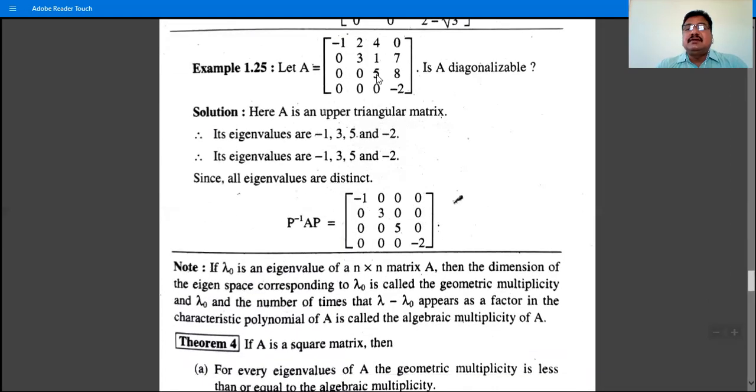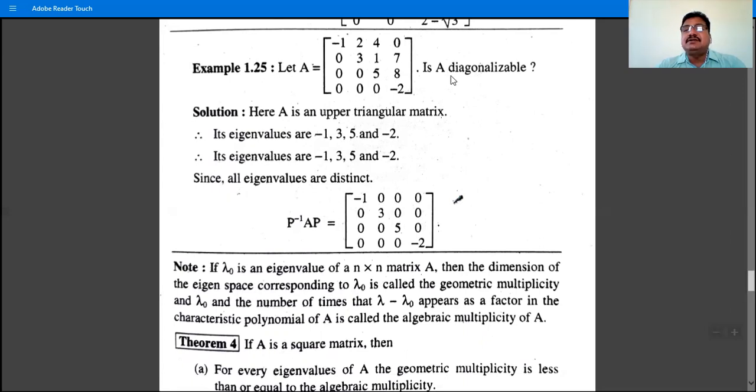Again, A is this matrix. Is A diagonalizable? So we have to find the eigenvalues of this matrix. This is an upper triangular matrix, so the diagonal elements are the eigenvalues: -1, 3, 5, -2, and these eigenvalues are distinct. The order of A is 4 by 4, and A has 4 distinct eigenvalues, and therefore this matrix A is diagonalizable.